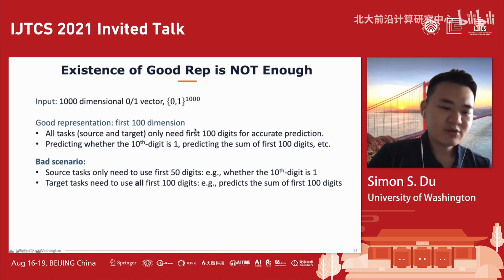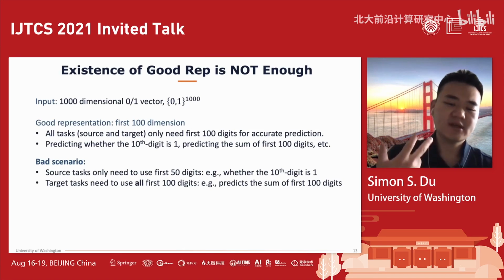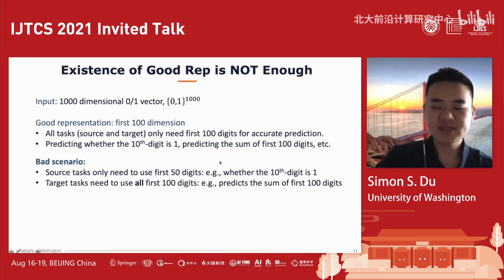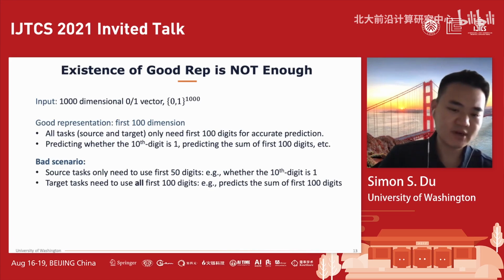The bad scenario will be the following: the source only needs to use the first 50 digits. For example, whether the 10th digit is 1, tasks like this. You can use this kind of source task to train the representation. So you will identify that the first 50 digits are very helpful, but you don't know whether the 51st to the 100th digits are helpful or not. It's very hard to identify whether those digits are useful.